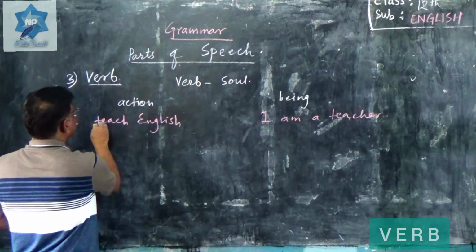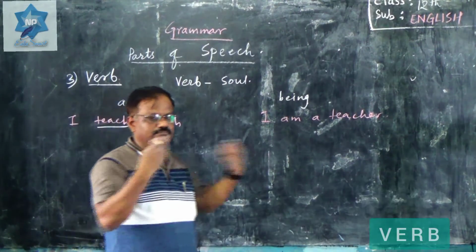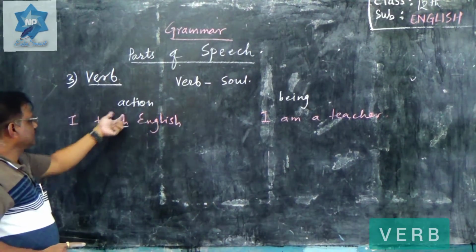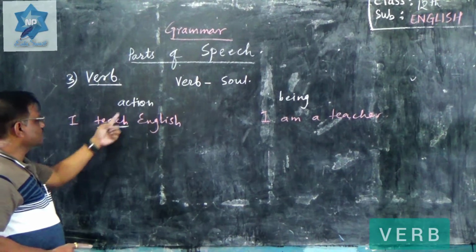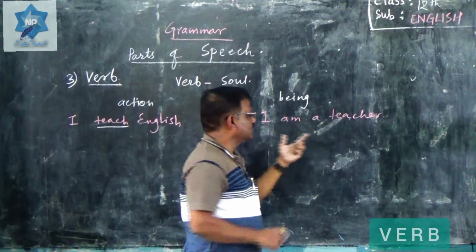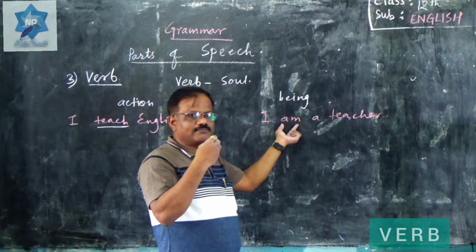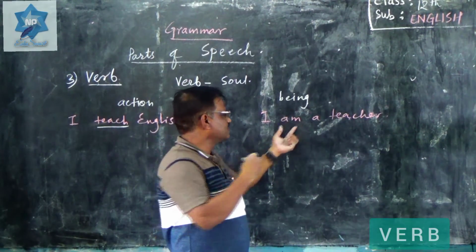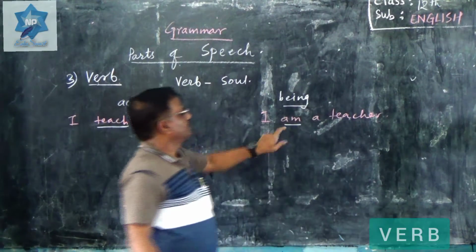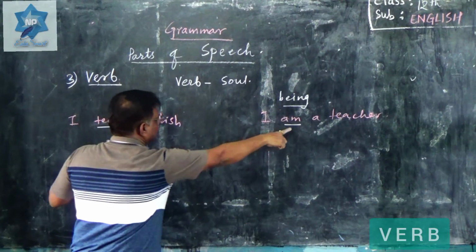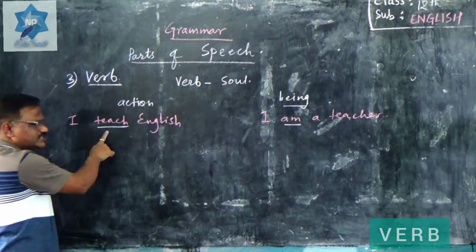Here you will see to teach. That is my profession. Teaching is an action. So here teach is the verb, but that shows action. I am a teacher. I am. Here it is my being. I am being a teacher. Means it shows my being. Okay. That's why am, a verb, also shows being. Here am is the verb and here teach is the verb.